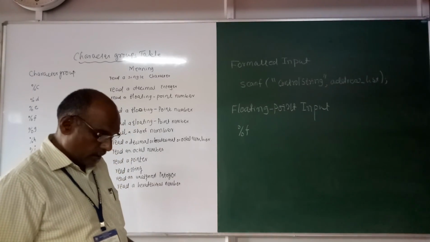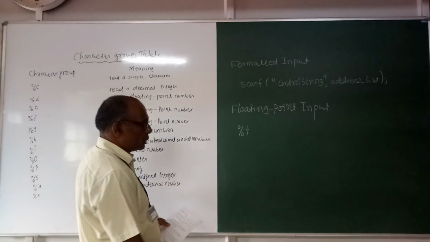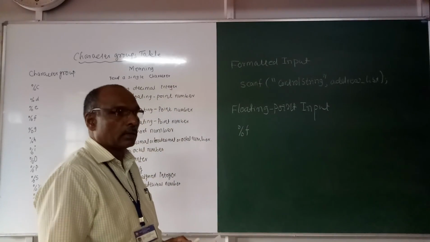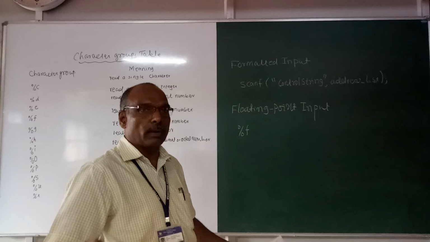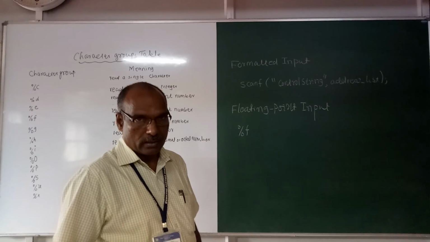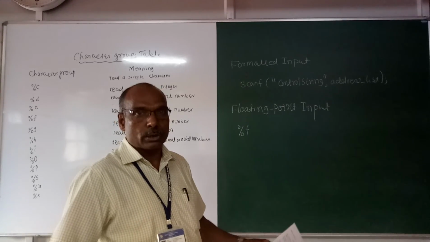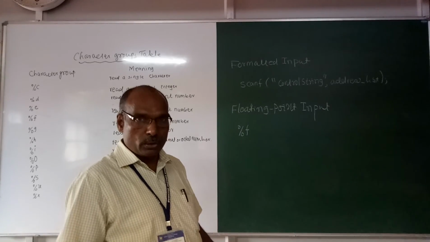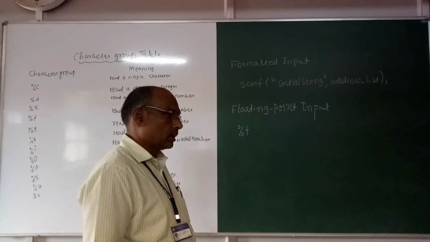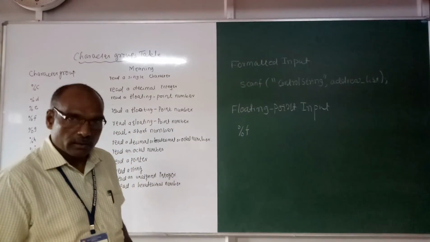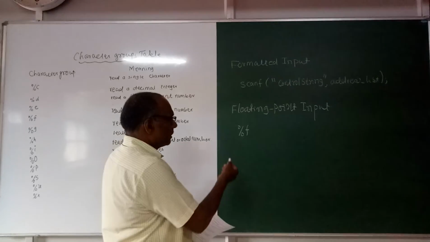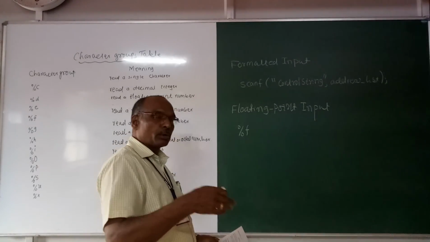Whether it is a decimal or scientific notation, it will work. Scientific notation in the sense 2 into 10 raised to minus 3, 3 into 10 raised to 10, 3 into 10 raised to 8. We use that data as velocity of light, or Avogadro number, anything. That is, we write 10 to the power.